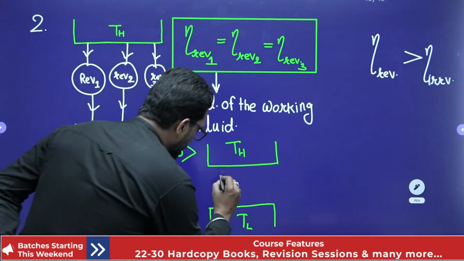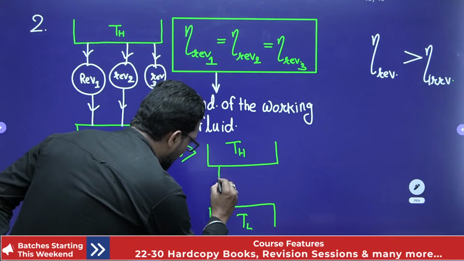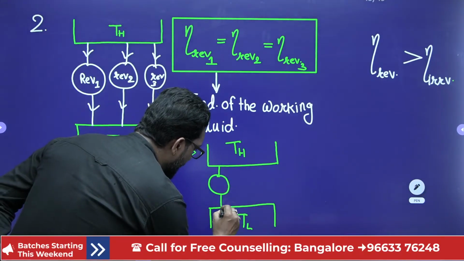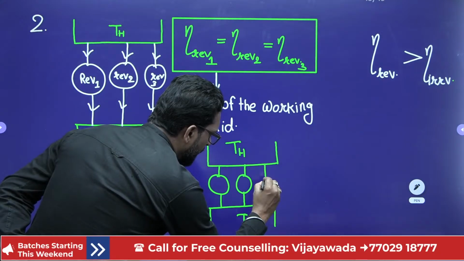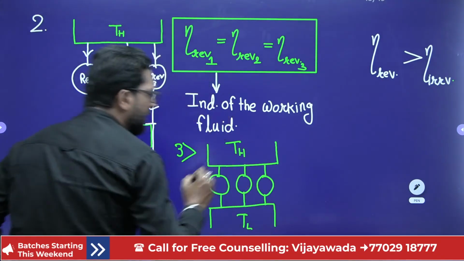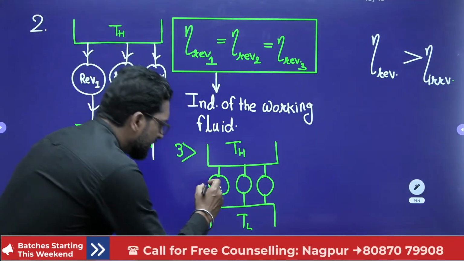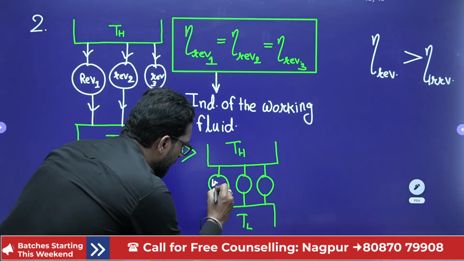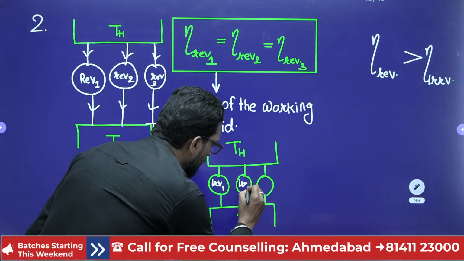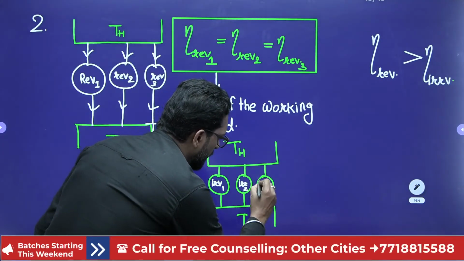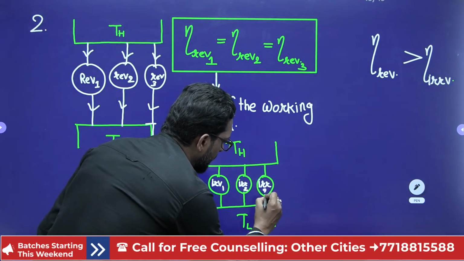And on this temperature limit, there are different irreversible cycles. This is irreversible cycle 1, this is irreversible cycle 2, this is irreversible cycle 3.